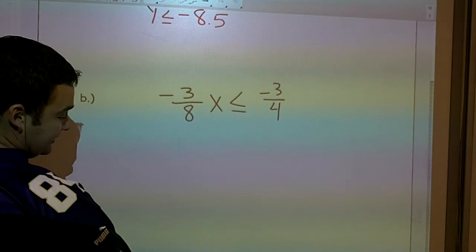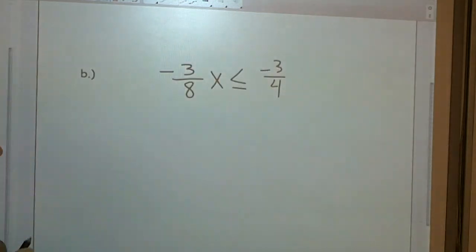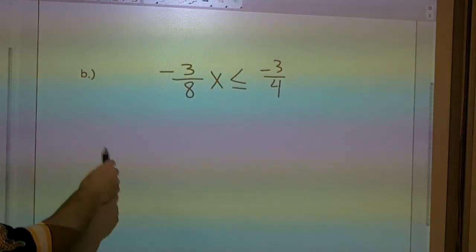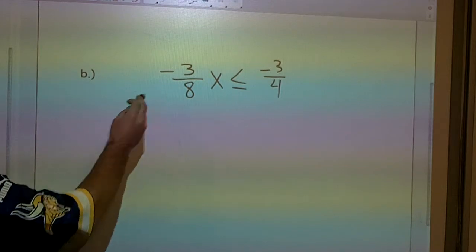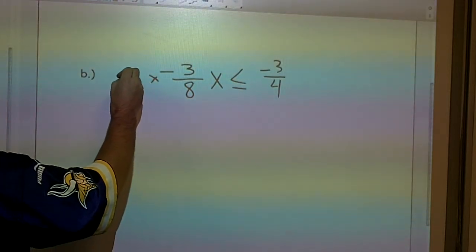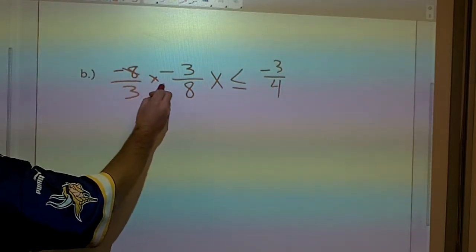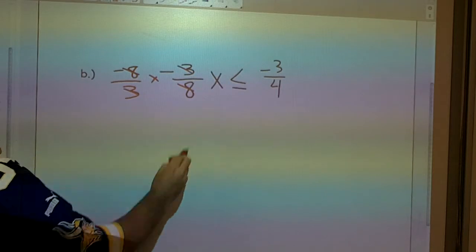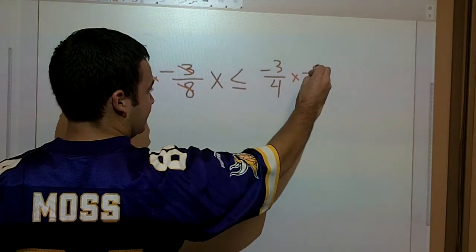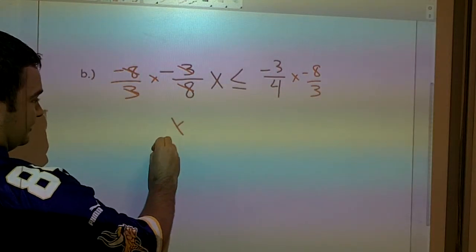Last one here, dealing with fractions. Remember, anytime we want to divide by a fraction, or divide by negative 3/8, that's the same as multiplying by the reciprocal. The reciprocal of 3/8 is 8 over 3. So we're going to multiply both sides by a negative 8 over 3. These cancel, and we've got x alone on the left side.